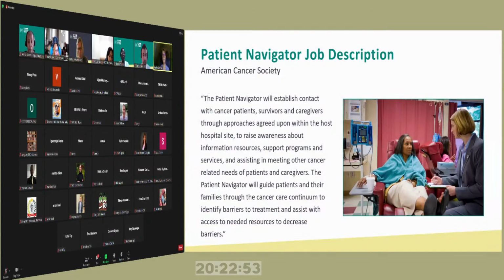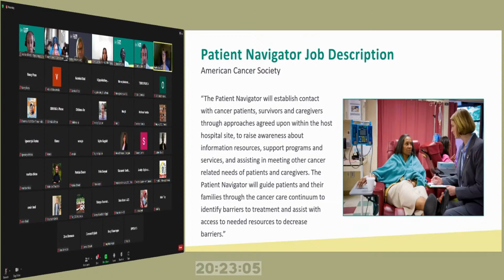Sure. So ACS has been in the patient navigation, resource navigation space, I think probably for about 20 years, and it has certainly evolved. So at the very beginning of the program, our navigators were friendly faces that patients could go and find, and they would share information about programs that the American Cancer Society offered. So information about your diagnosis or help with rides or finding other people who had similar diagnoses to you.